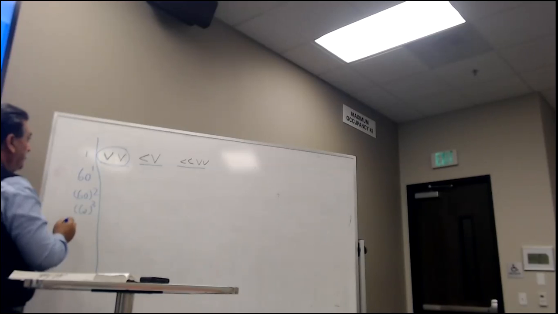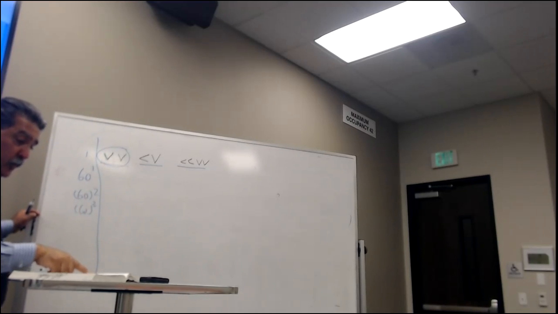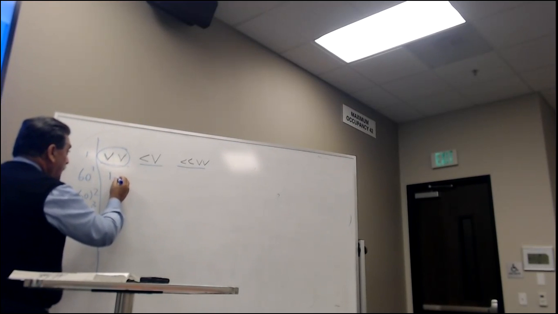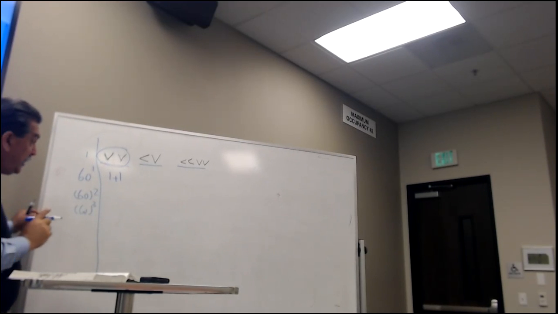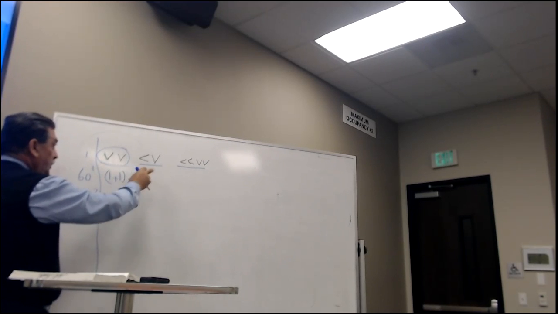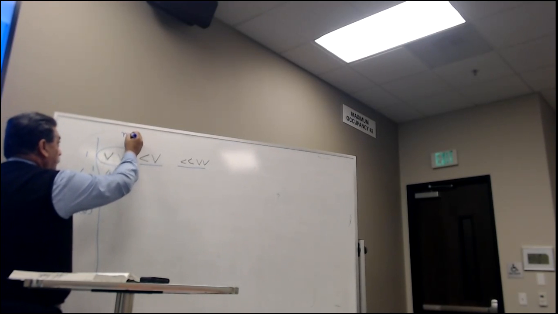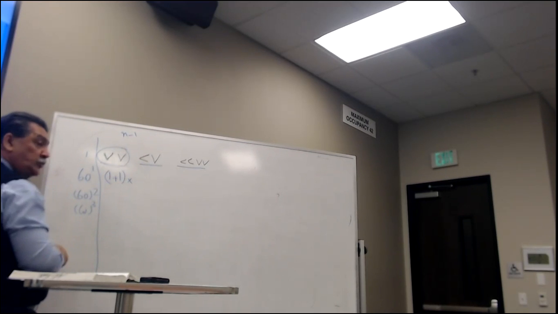Based on table 4.1, those little V's represent 1. So I have 1 plus 1, multiplied by the positional value.